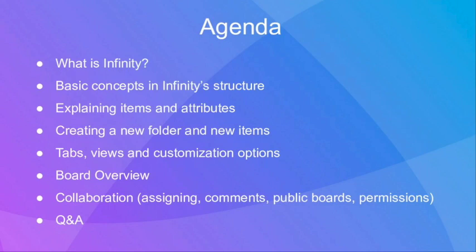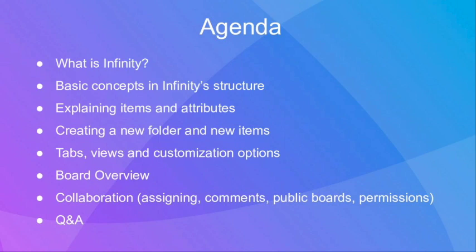The agenda for today is this. The first thing we're going to do is talk about Infinity. What is Infinity? What is its flexibility? What does it mean when we say that it's fully flexible? Then we're going to go through basic concepts of Infinity structure: workspace, boards, folders, and so on. Then we're going to explain items and attributes. And then we're going to create a new folder and a few new items, just so we can go through that flow as well.